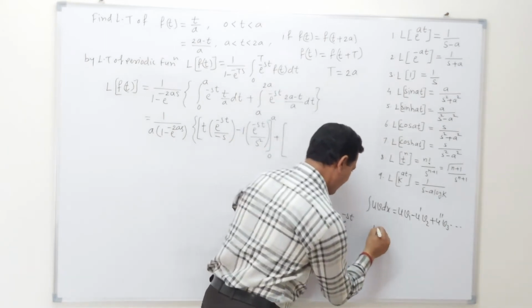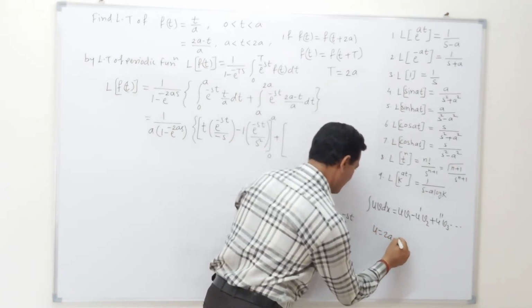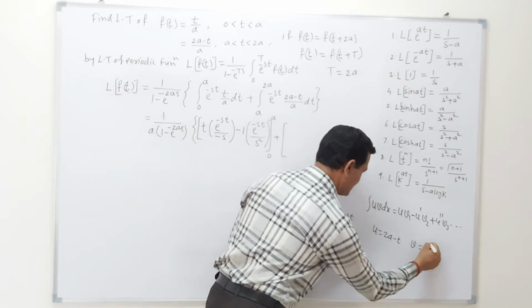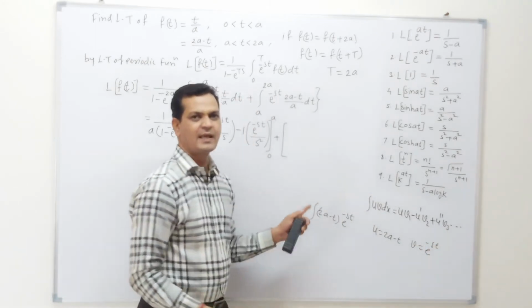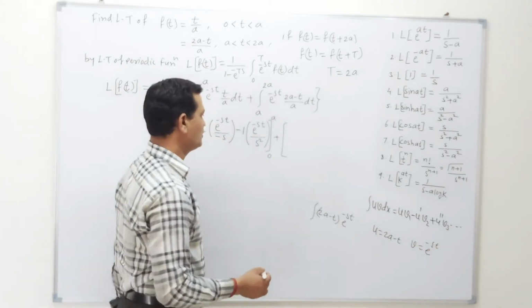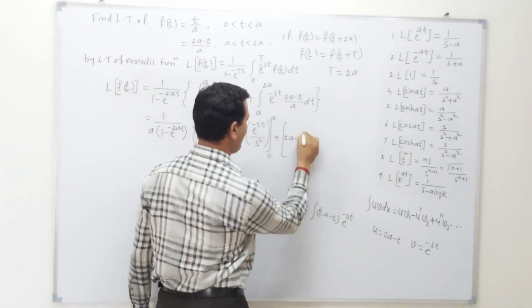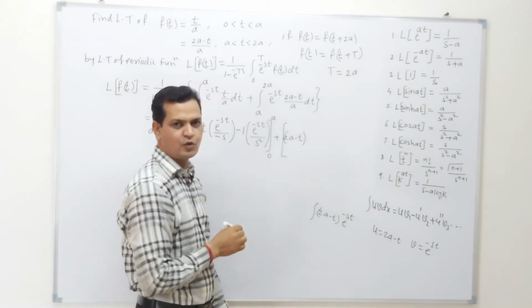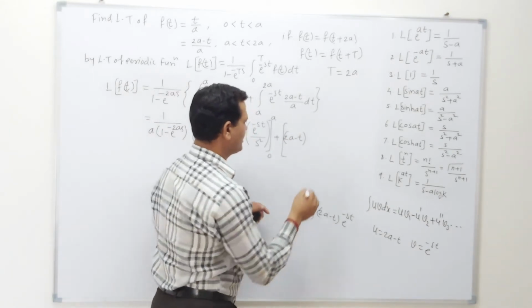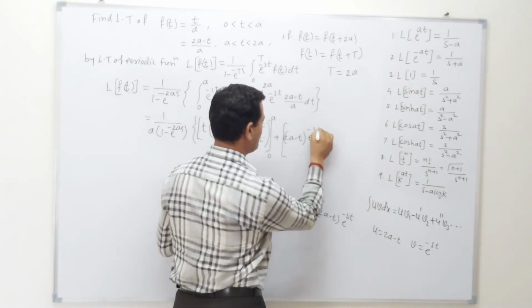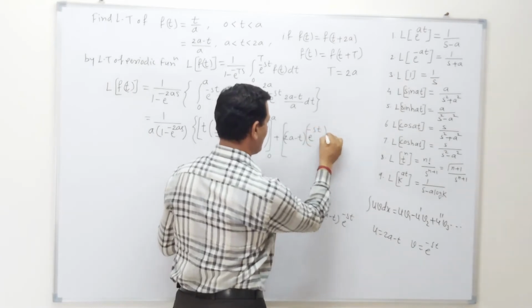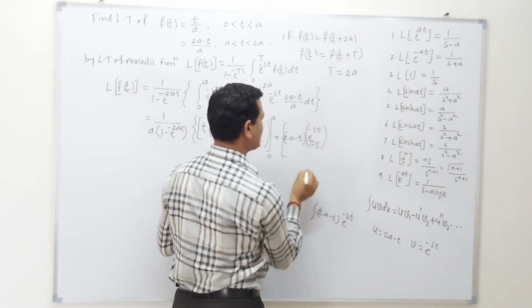Here the value of u is 2a minus t and that of v is e raised to minus st. Applying this rule, we get the first function 2a minus t into the integration of the second, which is e raised to minus st upon minus s.